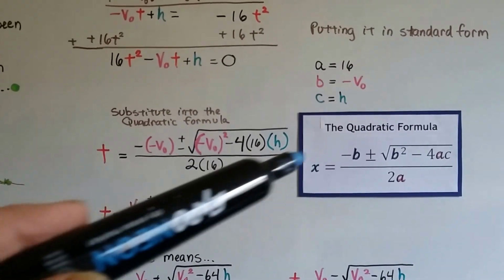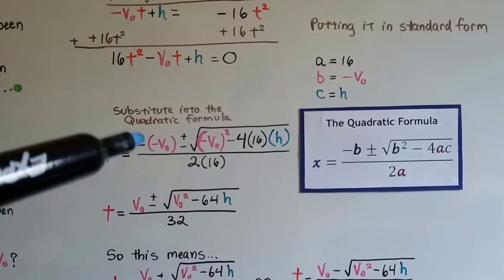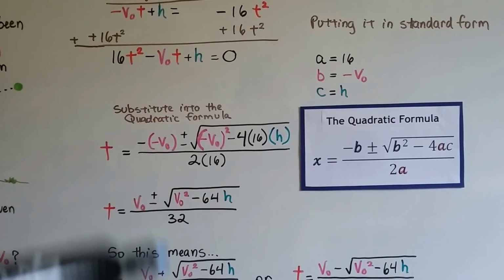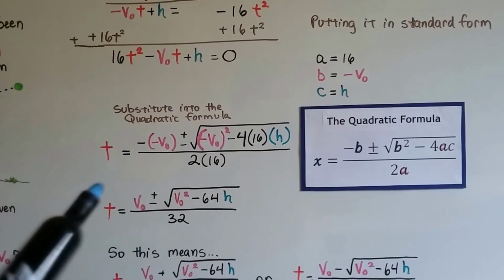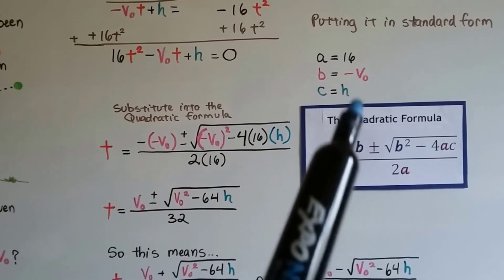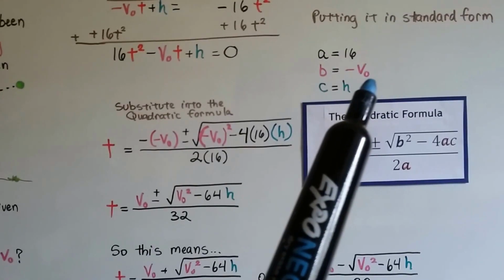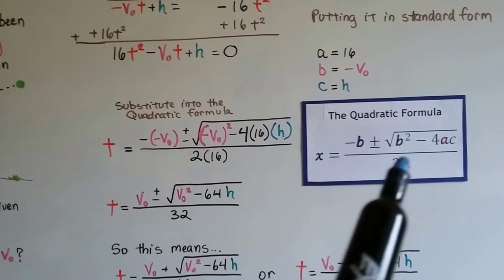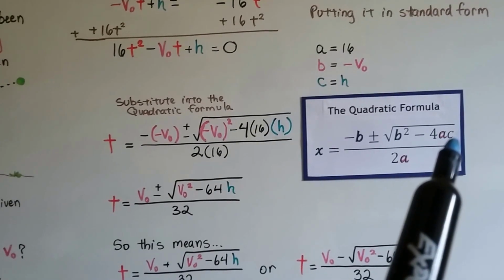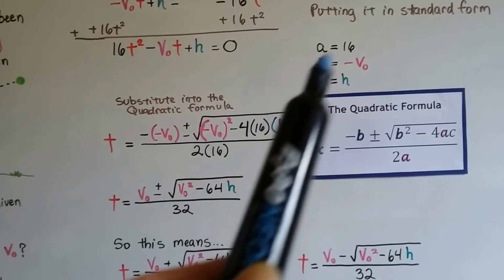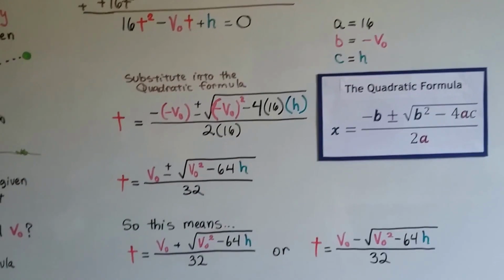Because we have a negative b here, we're going to have a negative of a negative v sub 0, and inside the radical sign as our discriminant, we're going to have b squared, so negative v sub 0 squared, minus 4 times our a value and our c value multiplied. So we've got 16 times h.